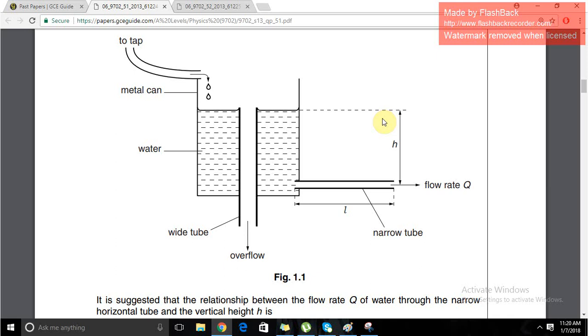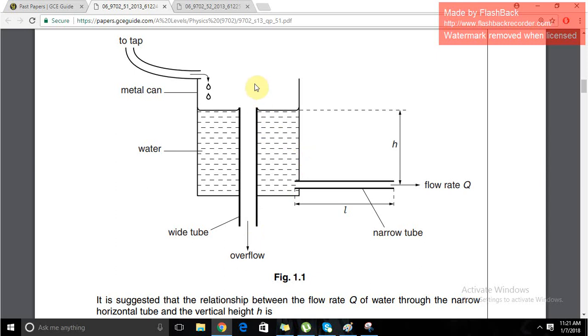Or perhaps a better way of saying this would be that the independent variable would be the height, because we can change h by changing the amount of the vertical tube that was actually part of the container.